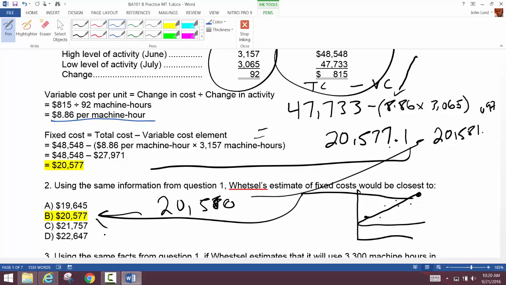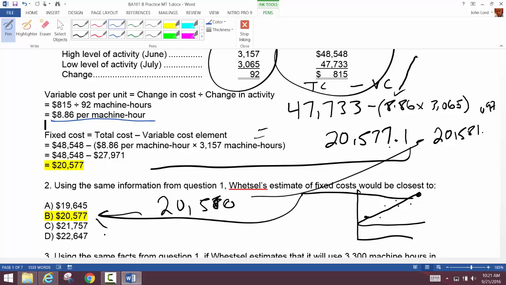Some students take the 8.86 and come up with a fixed cost per unit by dividing the 20,577 by the number of units, then add those two numbers together. I don't advise doing it that way. It's too cumbersome: you divide, add, and divide again, and you may make a mistake. I'd rather you stick with what we've done.